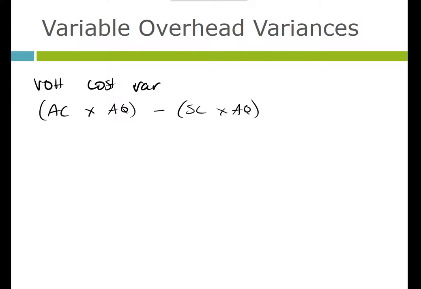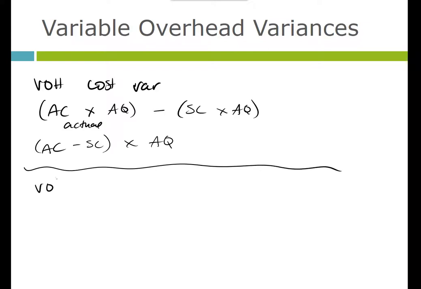So sometimes they just give you, here's what the total variable overhead cost was, which is this guy. But if that's not how they give it, then you can use the one that looks just like the material and the labor, which is actual cost minus standard cost times the actual quantity.